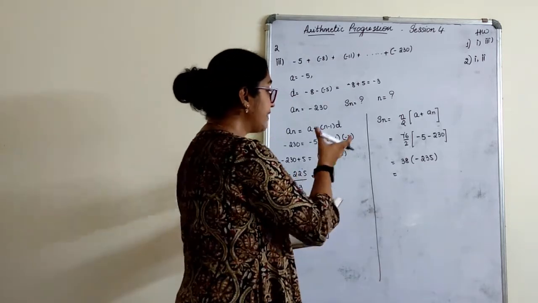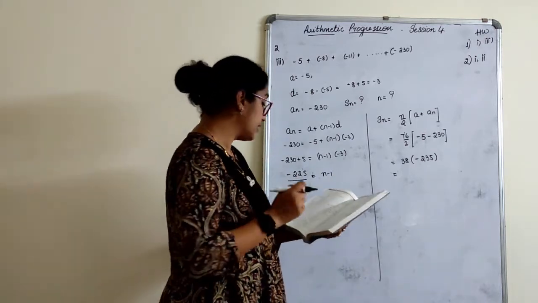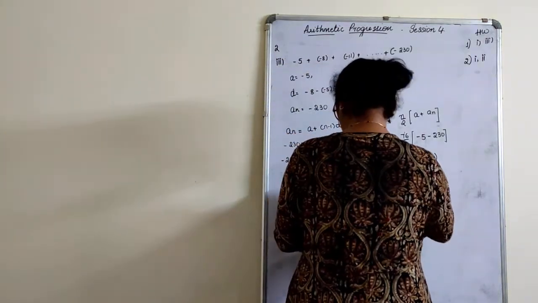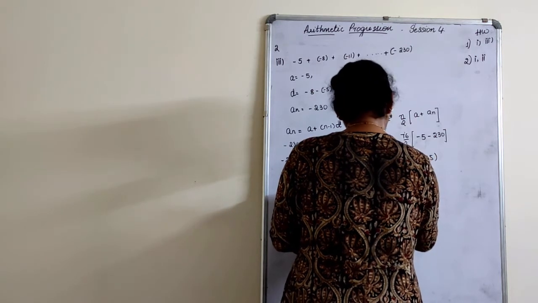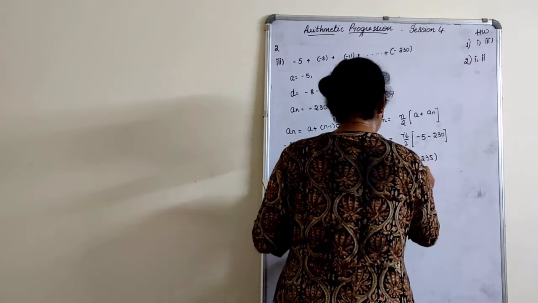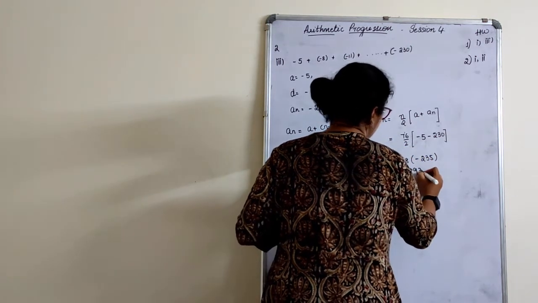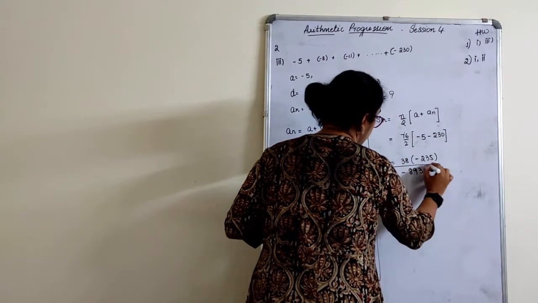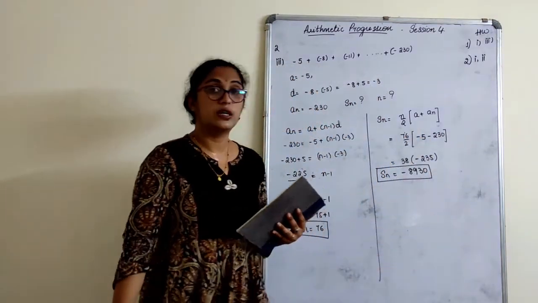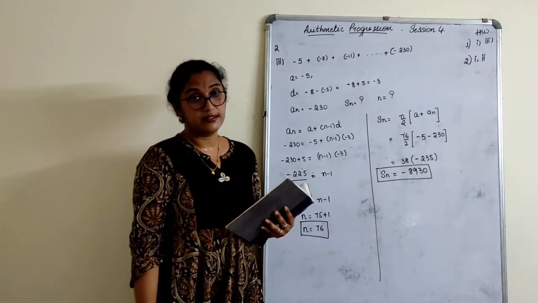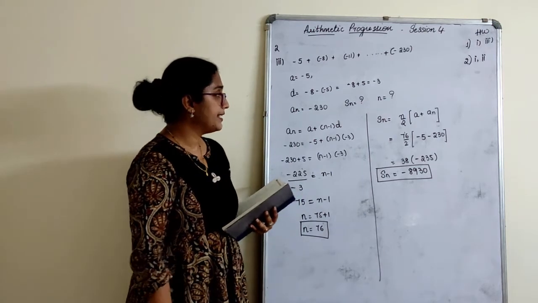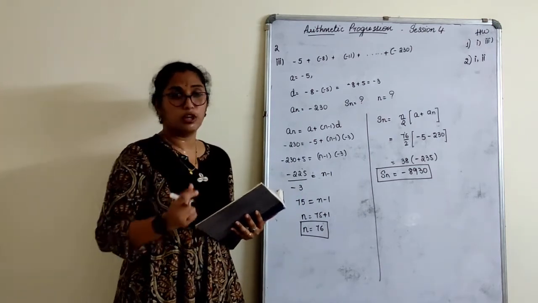Even though you arrive at that, your multiplication should be correct. So here 38 into minus 235 will give you Sn is equal to minus 8930. Okay. So this is the answer. How to find Sn. Now already I have done remaining two sums. You all can do it.